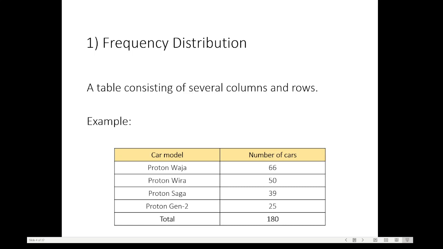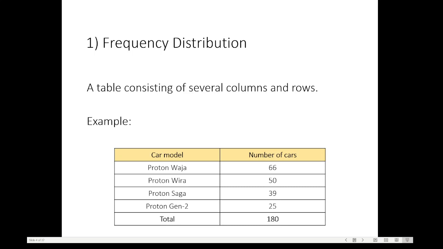These are the four car models under the Proton brand. On the right side you have the number of cars, representing the total or the frequency of each category on the left side.